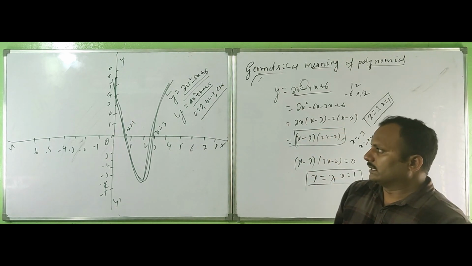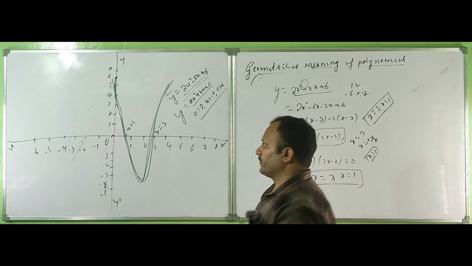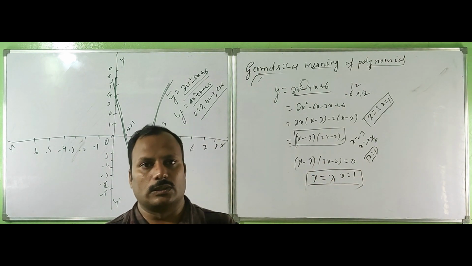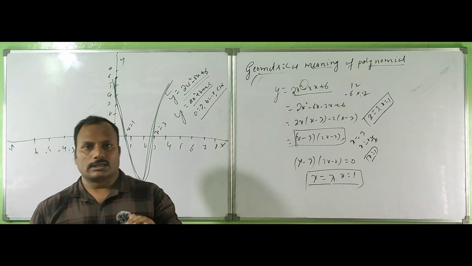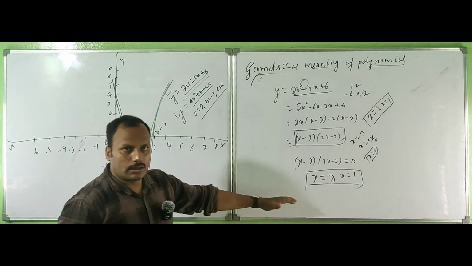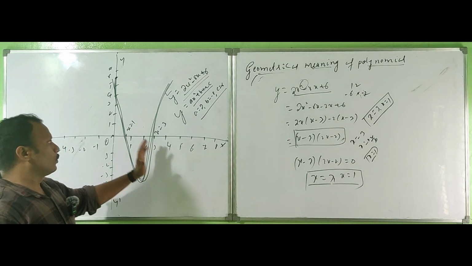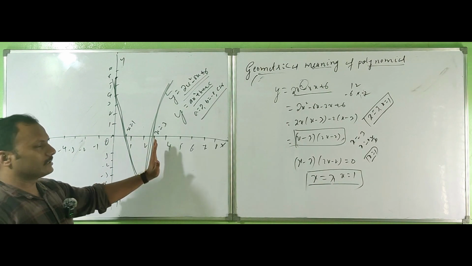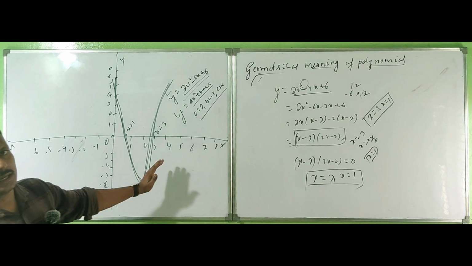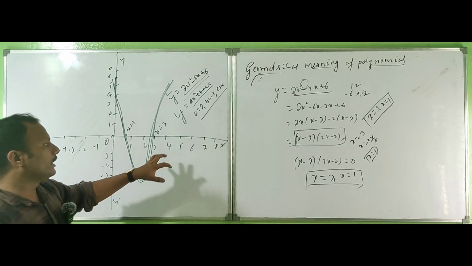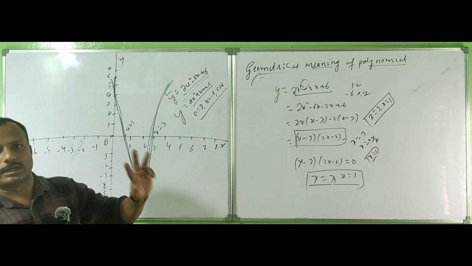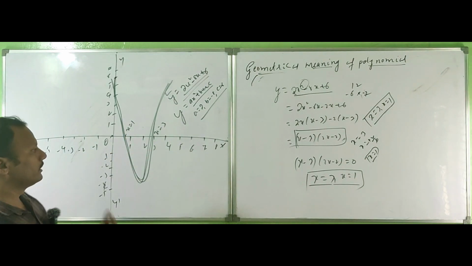If a quadratic equation has two values, the curve cuts the x-axis in two places. One is at x equal to 1, another is at x equal to 3. Therefore it's called quadratic: degree 2 means we are getting 2 values. For degree 3 we are getting 3 values.